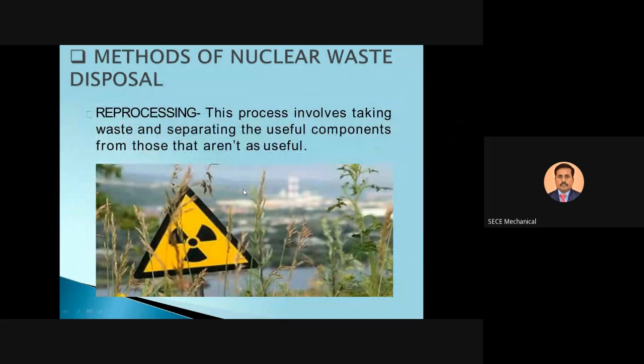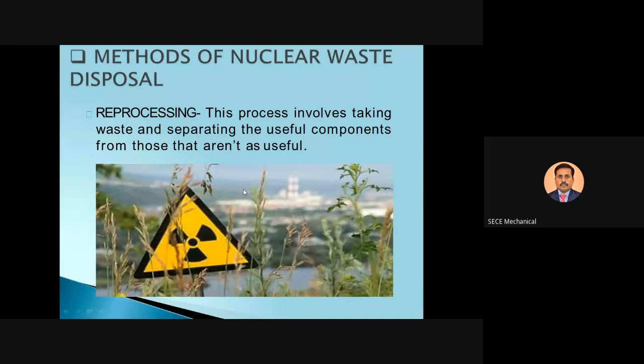That is called reprocessing. Reprocessing is one type of disposal method. In this process, it involves taking waste and separating the useful components from those that are not useful. We have to use some chemical process to separate the elements.